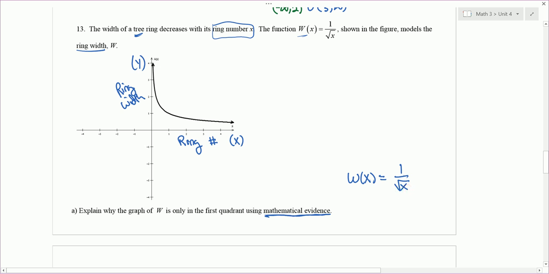Why can it only be in the first quadrant? Well, in the first quadrant, all your x values are bigger than 0, and all your y values are bigger than 0. So it's really asking, why is x bigger than 0, and why is y bigger than 0?